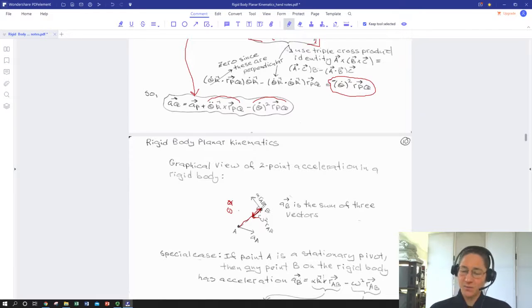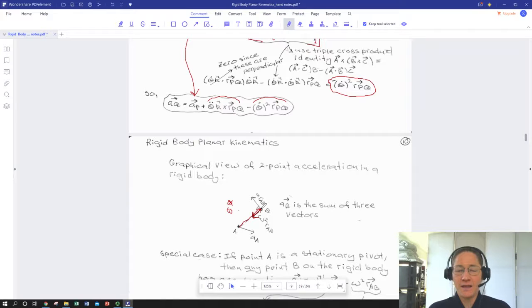So if you take something that's pointing straight out of the screen and you cross it into something that's connecting A and B, you're going to end up with something that looks like this or like this that's perpendicular. So that gives you a little bit of an idea of what's perpendicular and parallel and how each of these terms is oriented relative to the line that connects A and B.